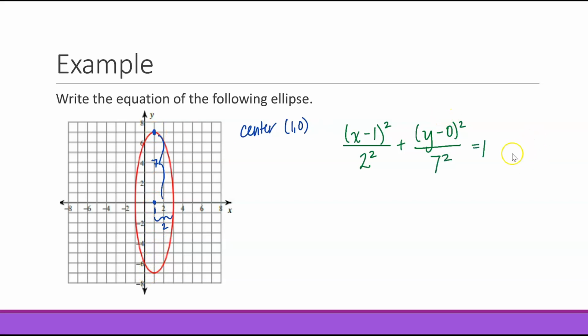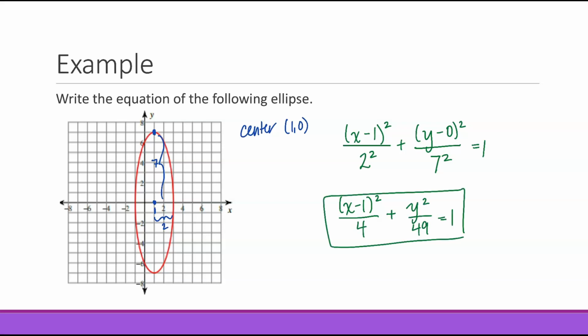So this is the generalized version, but we're going to clean it up a little bit to look like x minus 1 squared over 4 plus y squared over 49 is equal to 1.